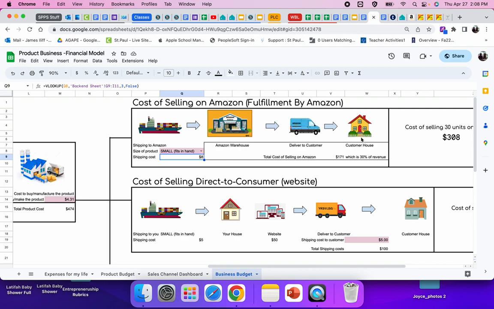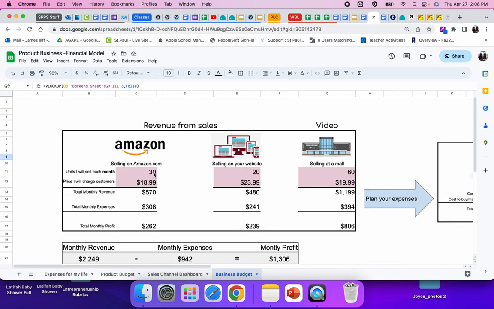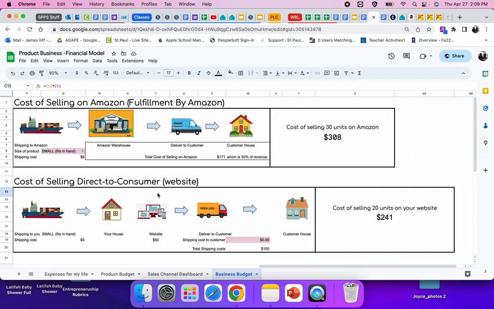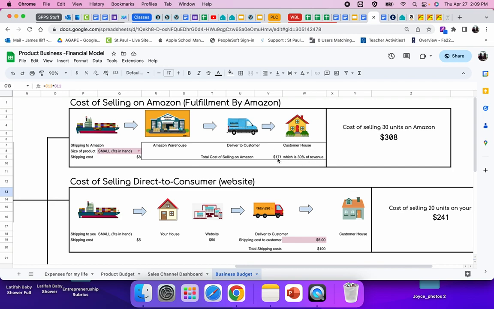Amazon charges me, the company, 30% of whatever revenue I make. So if I sold 30 units and I made $570, Amazon would charge me $171 to sell those 30.